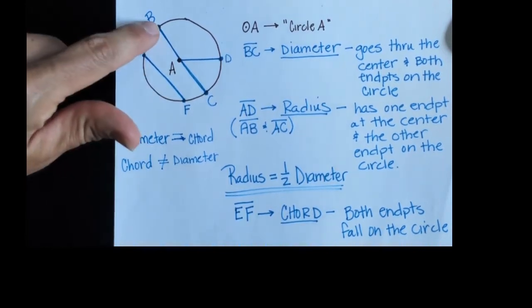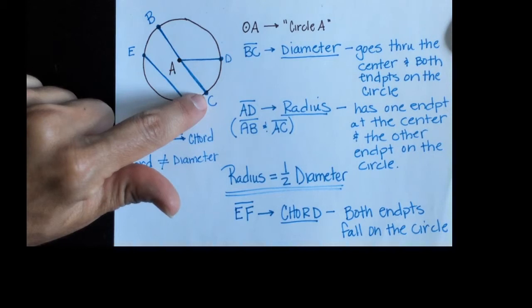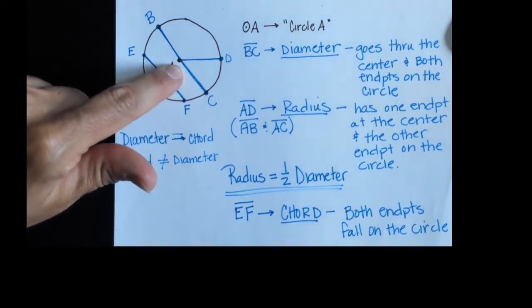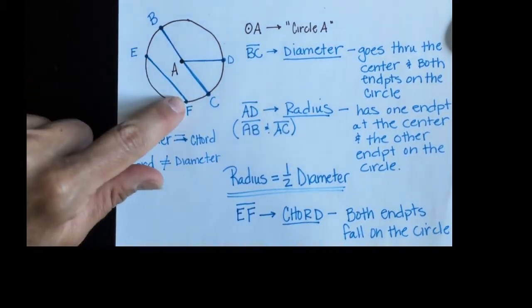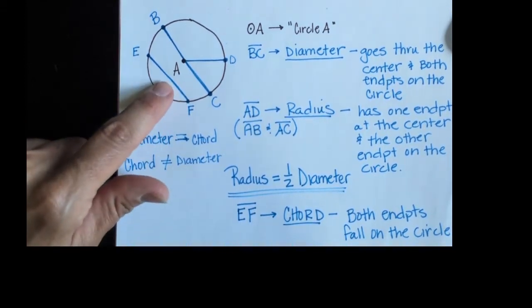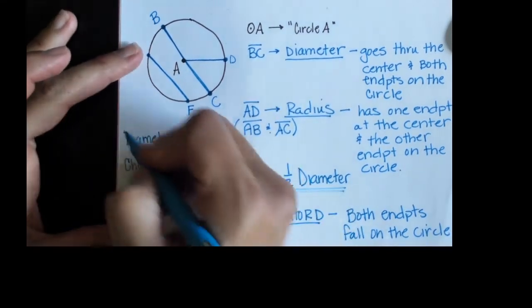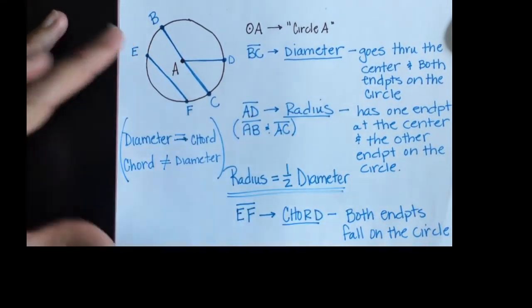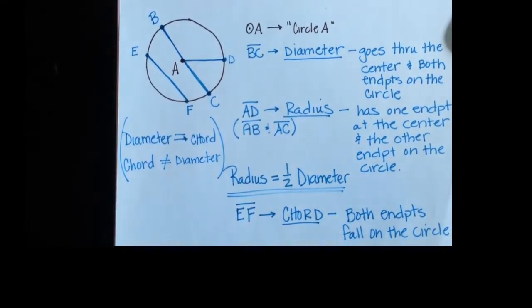So a diameter is a chord because it does have endpoints on the circle. It just more specifically goes through the center. A chord does not necessarily have to be a diameter because it doesn't always go through the center. So that's something to keep in mind when you're looking at some of these crossovers.